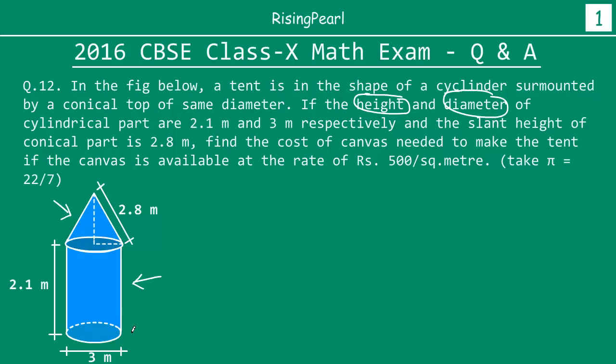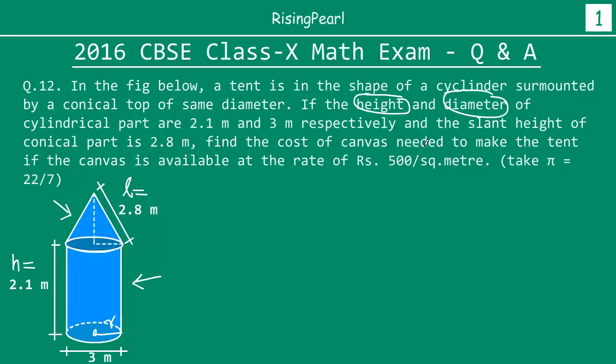If this is the radius r, then 2r is equal to 3, and the height h equals 2.1. The slant height of the conical part, usually denoted by a lowercase l, is given as 2.8 meter.